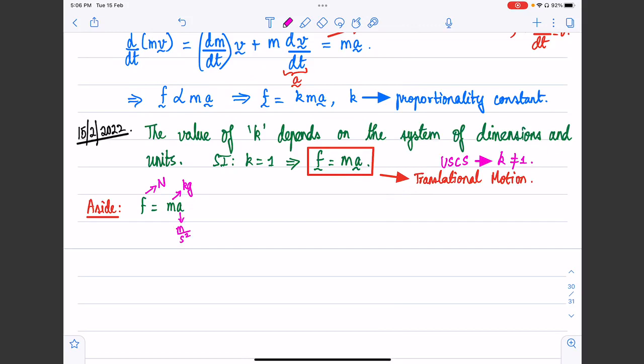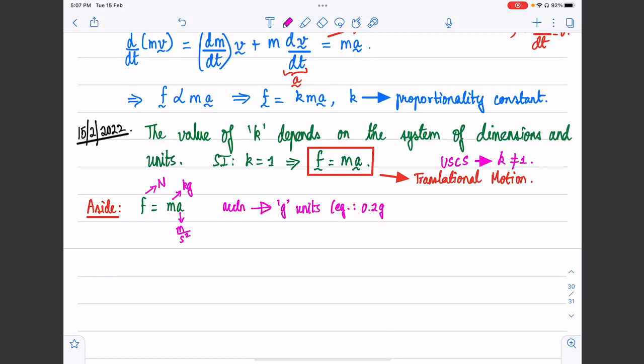Now, in vehicle dynamics, if we look at acceleration, it is typically specified in g units. So what is g units? We essentially say, for example, acceleration or deceleration. Let's say acceleration is 0.2 g, deceleration is 0.5 g, and so on, right? So what is this 0.2 g?